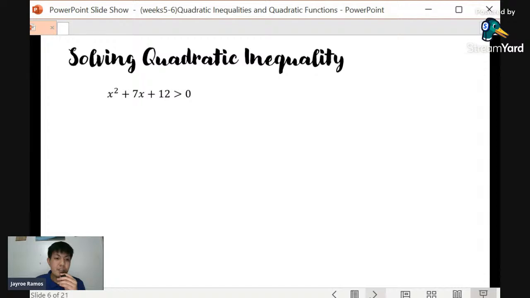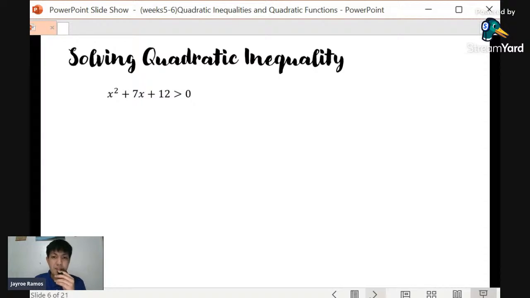So the first one is solving by extracting the square root. So I hope you still know that. So the second one is by factoring. The third one is by completing the square, and the last one is by using the quadratic formula. Now here, ang gagamitin natin ditong way on solving quadratic inequality is factoring. But before that, I'm going to show you the steps, no, in solving quadratic inequality, so you will be guided.